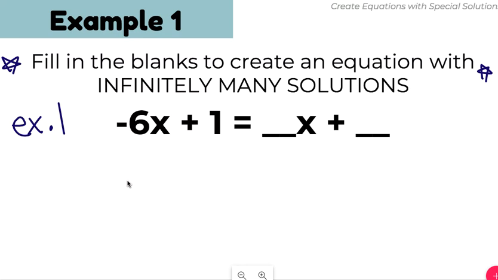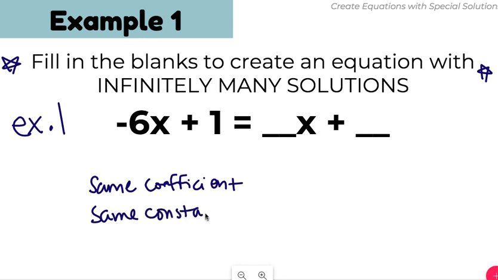Okay, so remembering our requirements, we need to have the same coefficient and the same constant. Double check that everything is simplified. I don't have subtraction to deal with. There are no other operations to do.